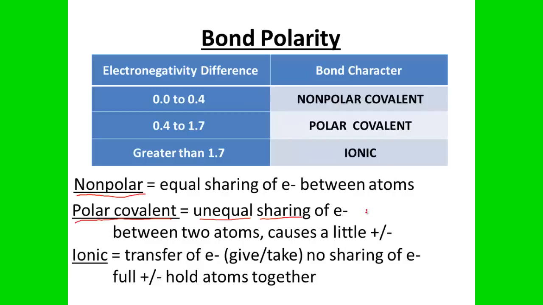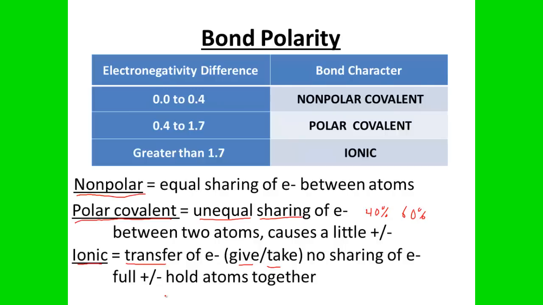Say the electrons are 40% of the time on one atom and 60% on the other. A little bit less time over one, a little bit more on the other, sharing still. And then ionic is the transfer of electrons, where we have that give and take. No sharing of electrons, it's a full plus and minus holding the atoms together.